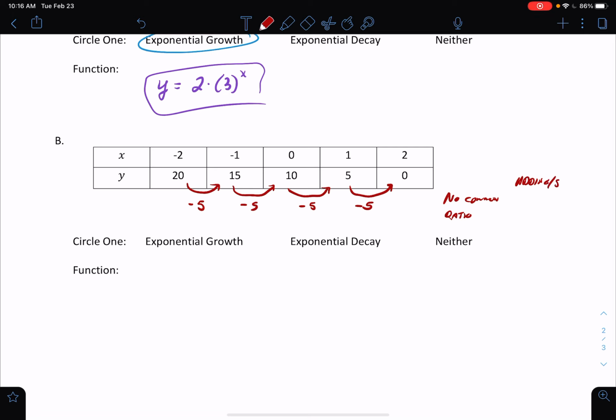Adding or subtracting is not exponential. So the fact that we're subtracting 5 each time, that's not exponential. That's neither. That would be a linear function.